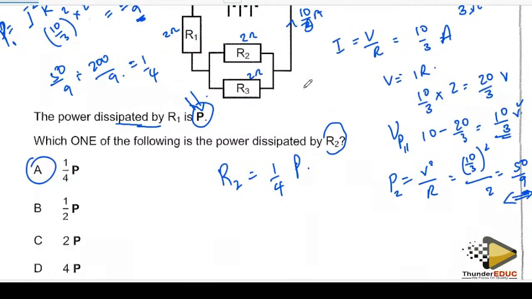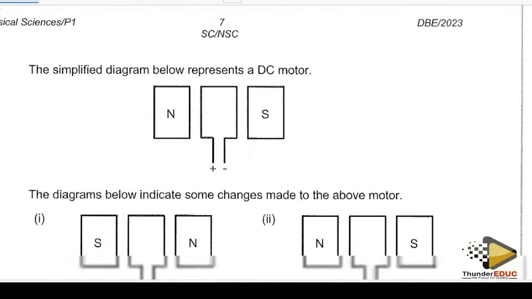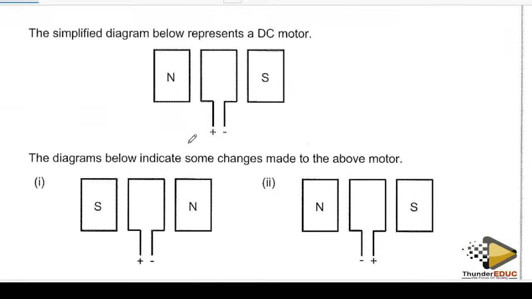So I just had to come up with numbers just to create an idea of what's going on there. Then 1.8. They're telling us that the following is a simplified drawing that represents a DC motor. One thing we know about DC motors or AC motors is that they use what we call Fleming's left-hand rule.